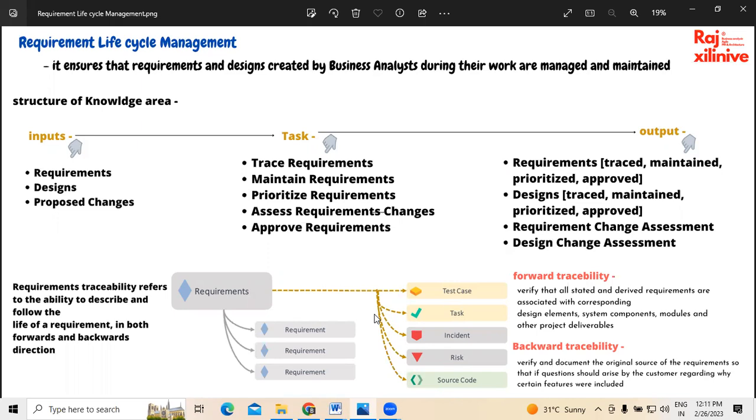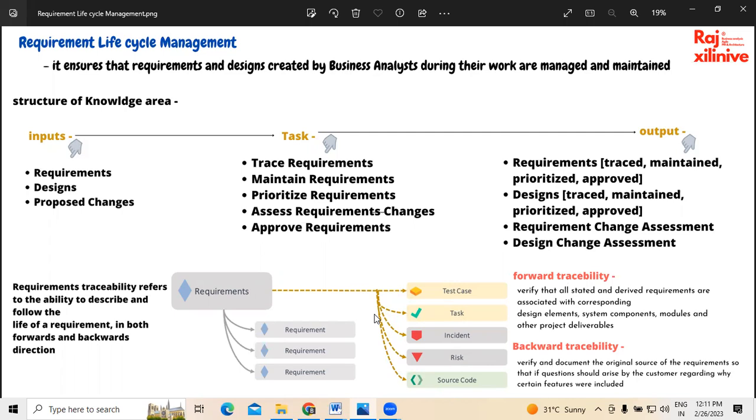To do this tracing between use cases and test cases, generally a requirement traceability matrix will be prepared by the testing team initially, because they are the ones preparing test cases. These test cases and use cases should have a similarity.